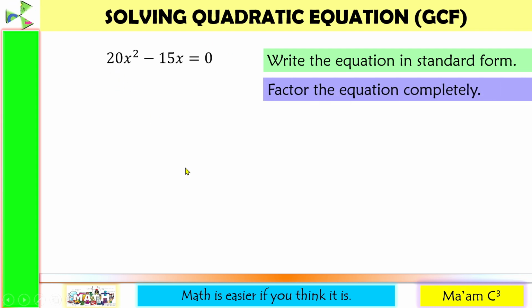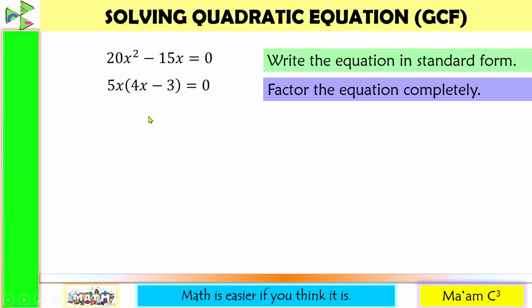Step 2, factor the equation completely. Like what I've said, we're going to solve this by determining the greatest common factor. The greatest common factor of 20 and 15 is 5. The greatest common factor of x squared and x is x, the one with the lower exponent. So the greatest common factor of this is 5x.